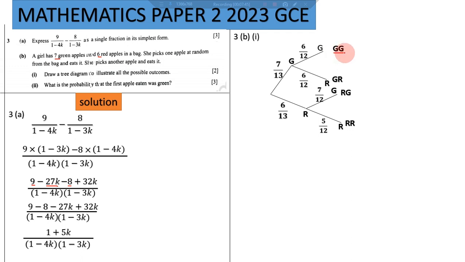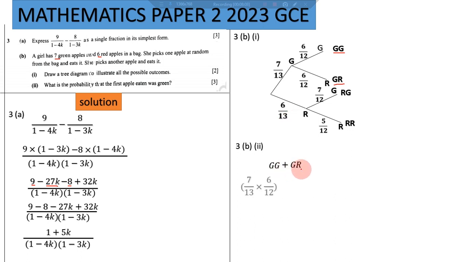It's just this here, green, green, and the green red. The remaining ones, we have a red and a red apple which was eaten first, but we only want where a green apple was eaten first. So here we'll just use GG, okay, plus GR. So we'll add the events here and here, okay.